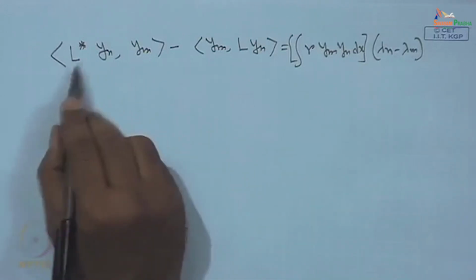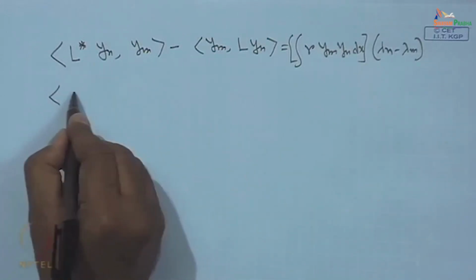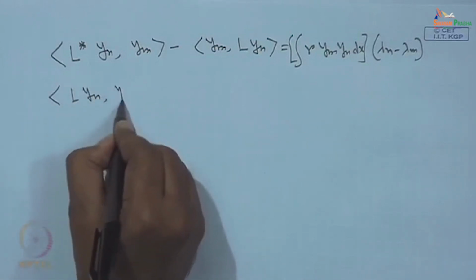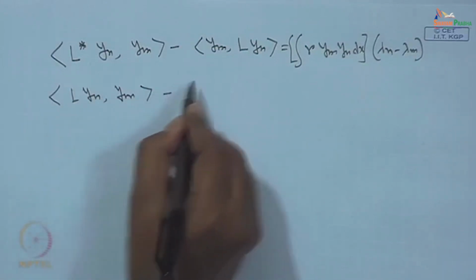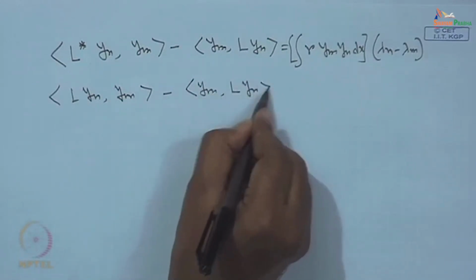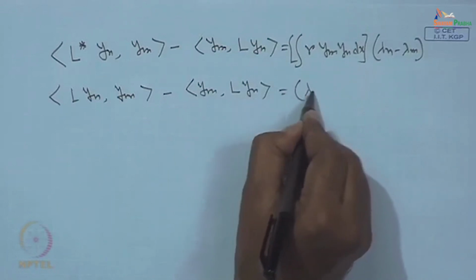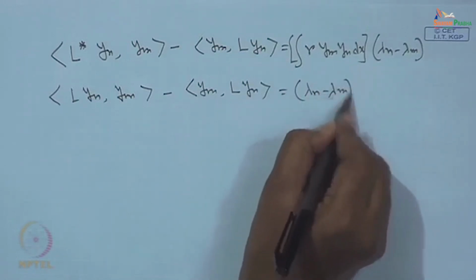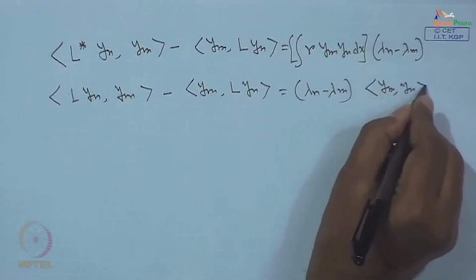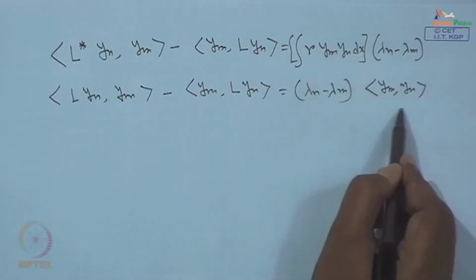Now, since L is equal to L star, we can write the inner product of L yn and ym minus the inner product of ym and L yn is equal to lambda n minus lambda m times the inner product of ym and yn with respect to weight function r.